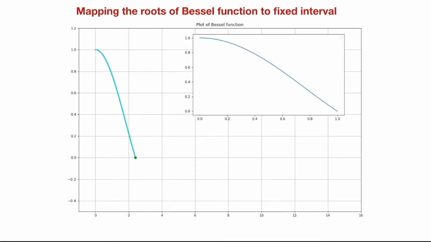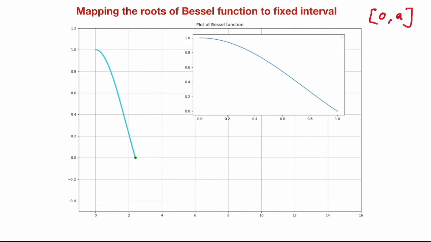Let's take here on the outer plot a Bessel J0 function, which goes all the way through some cycles. And inside this inset, it has been mapped to an interval 0 to a, where a is equal to 1. So we are mapping various cycles of the Bessel function to an interval 0 to a, where a is 1 in this case.